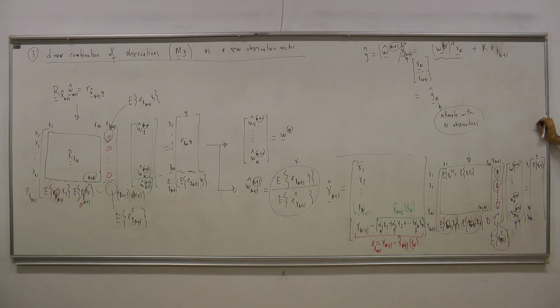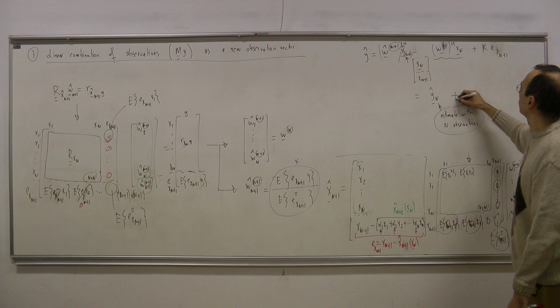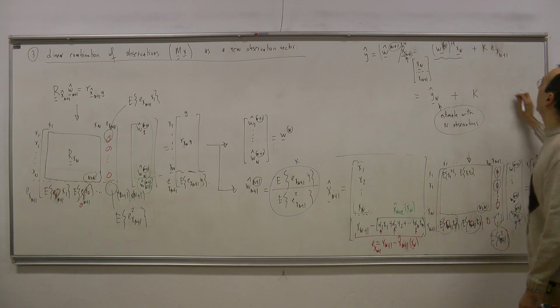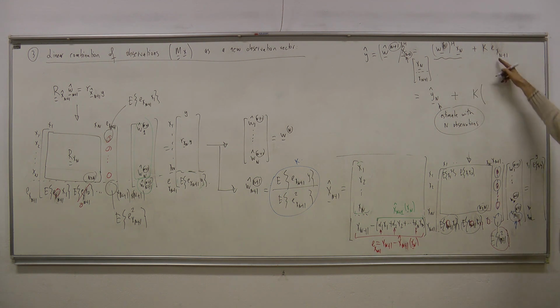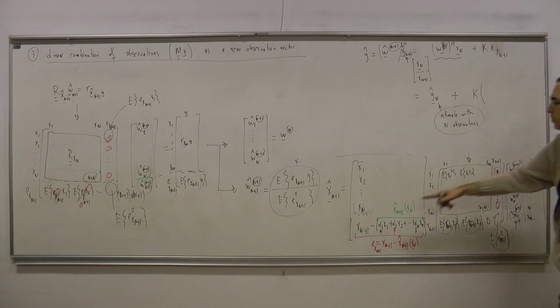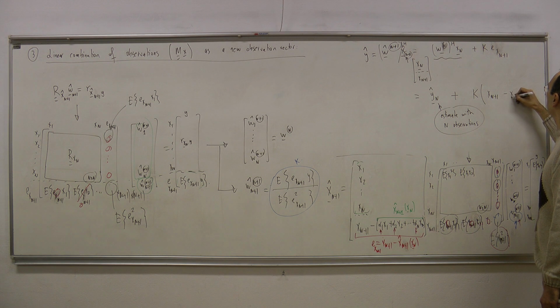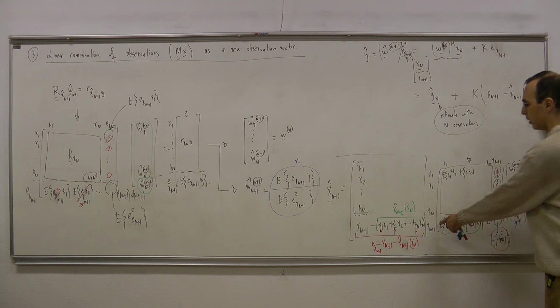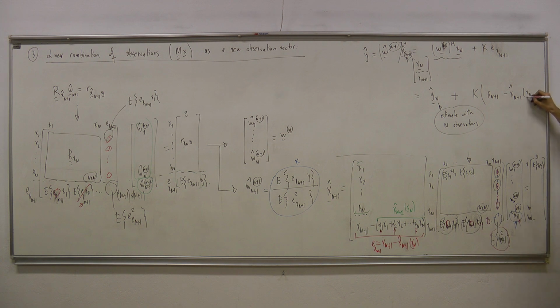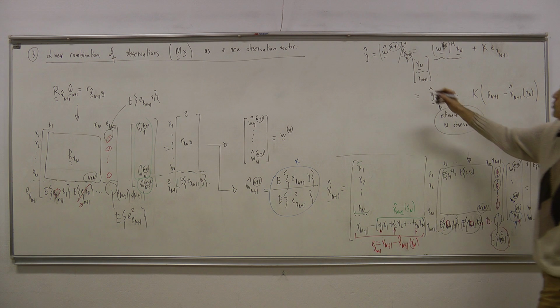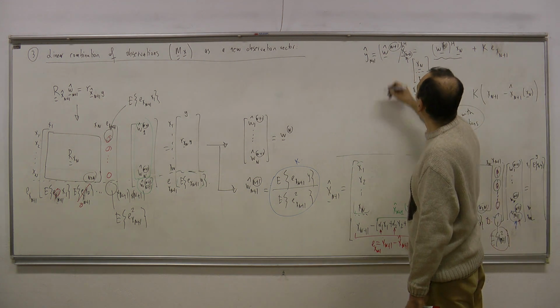Okay, so I have that, plus there is a gain, k, times the prediction error, and the prediction error is this: the new observation minus the prediction value of this new observation according to this x of n vector. Okay, so this is the n plus first.